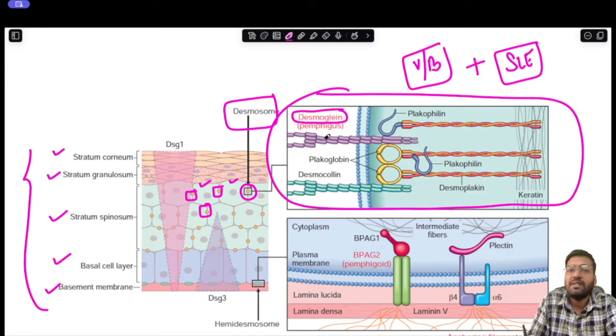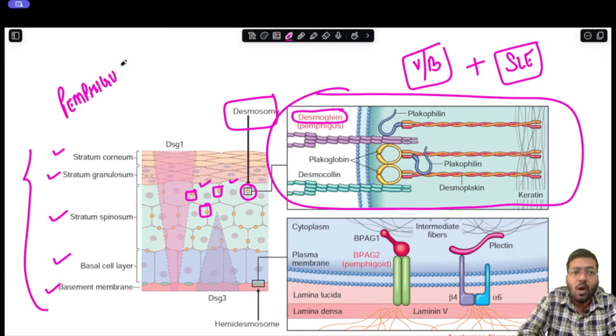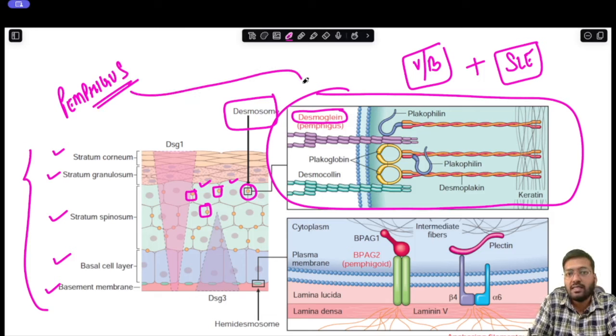So in one of the vesiculobullous disorders, that is called pemphigus, autoantibodies are formed against one component called desmoglein. Now pemphigus has different varieties. Out of that, the two important varieties are pemphigus foliaceus and pemphigus vulgaris. Now there are many different types of desmoglein.